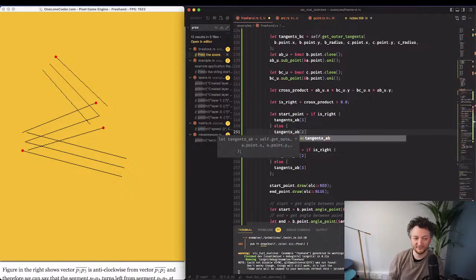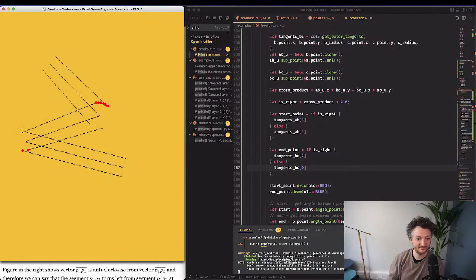Otherwise, if it is going right, we want to go from 0, 1, AB1 to BC 0. How does that look?